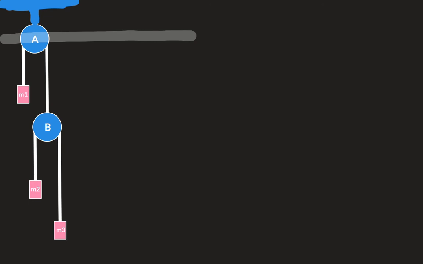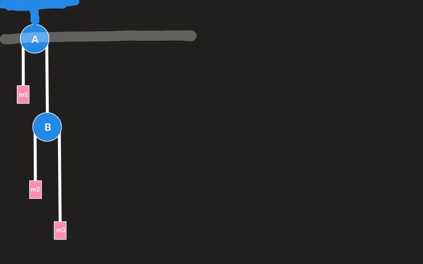And for the sake of this discussion, mass 1 is the biggest weight, which means as soon as you let it go, it's going to start pulling B up, and M2 and M3 are bound to move as well. But what's going to happen is various portions of the rope lengths are going to start changing, and we want to track that.